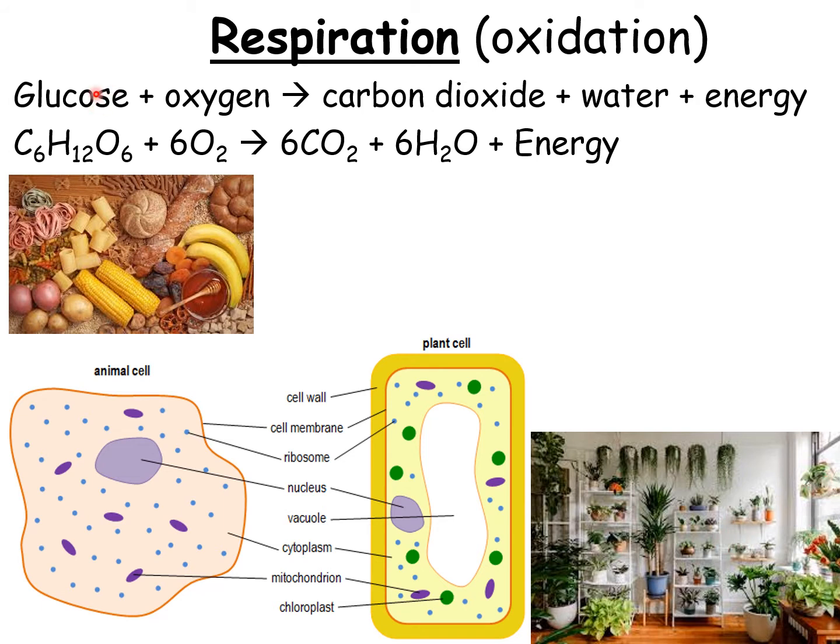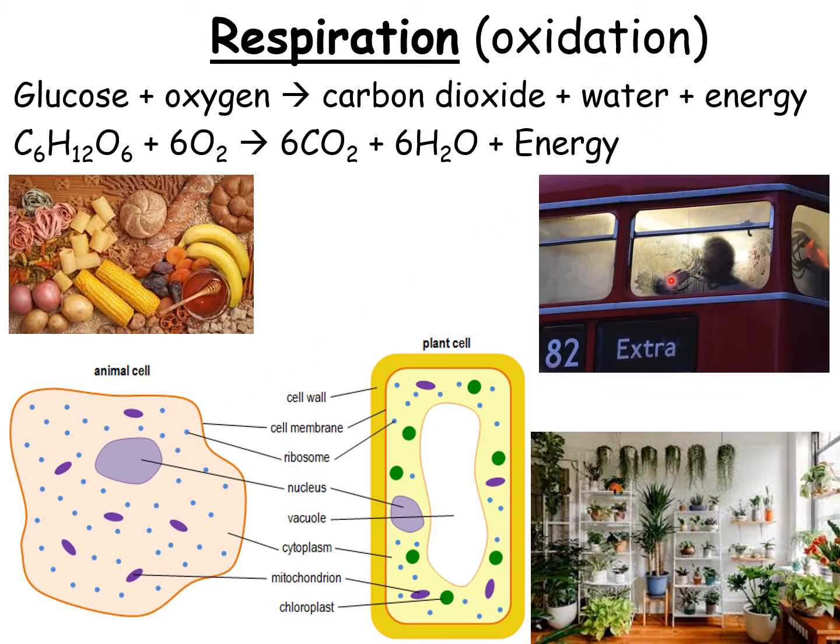The glucose then reacts with the oxygen in an oxidation reaction to form carbon dioxide and water and energy in both animals and plants. We actually breathe out some of this water vapor, and that water vapor can condense on cold surfaces, such as a bus window on a cold day.